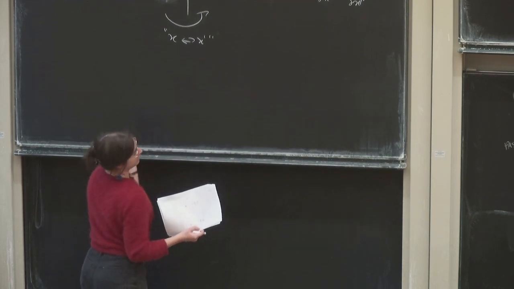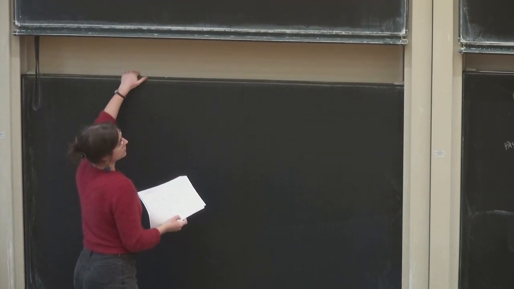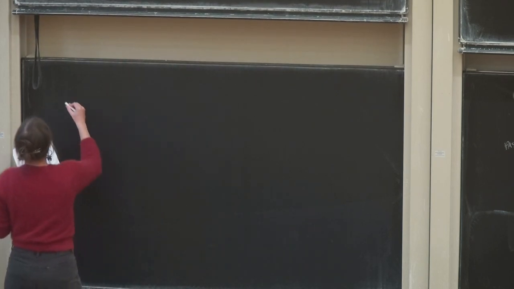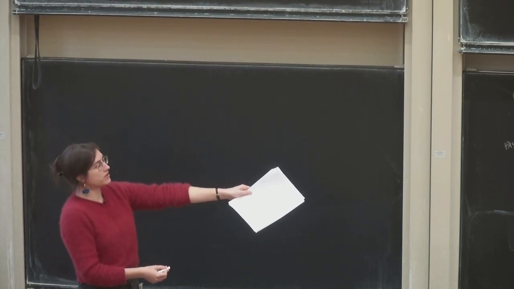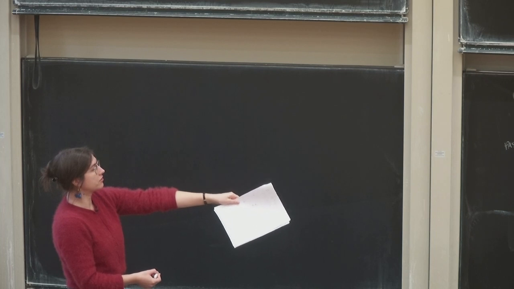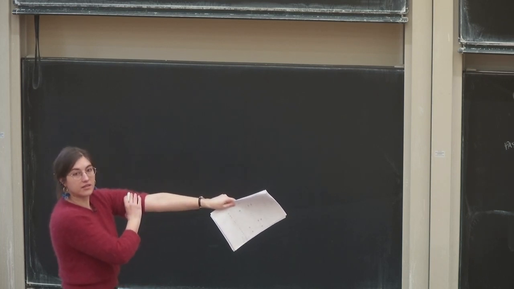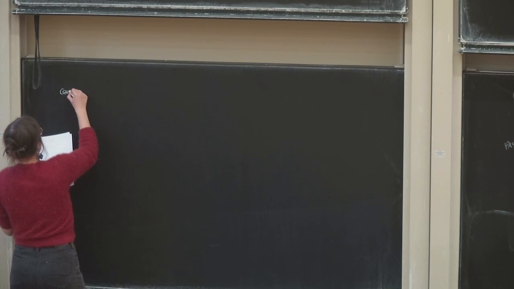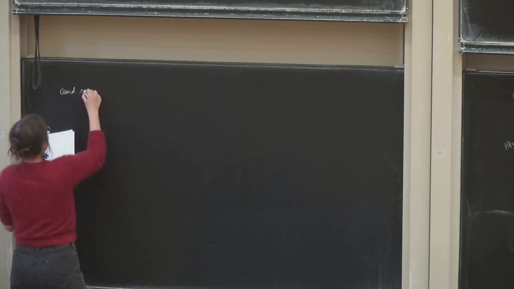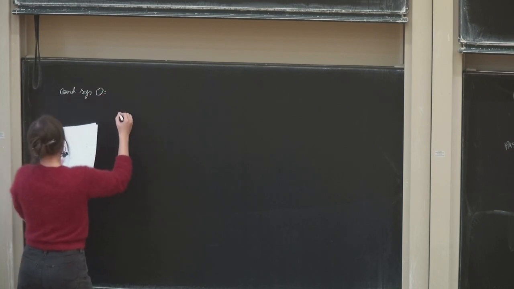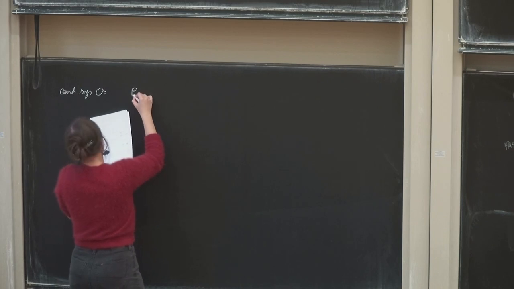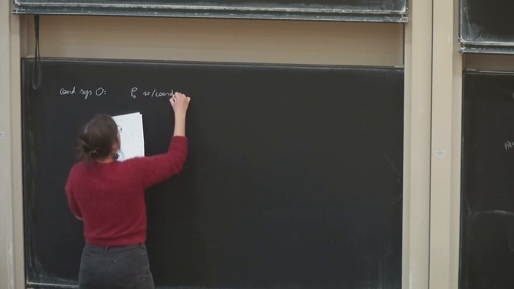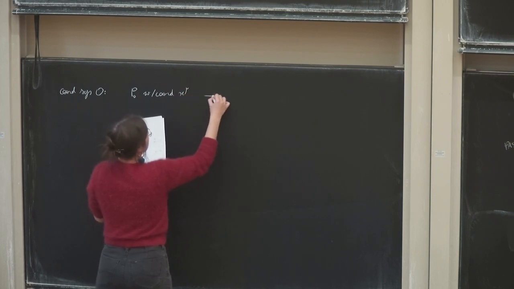So probably best if I start a new board for this one. So let's understand what's happening there on the right-hand side in this active picture, okay? So a coordinate system O will see a point P0 with coordinates x mu.